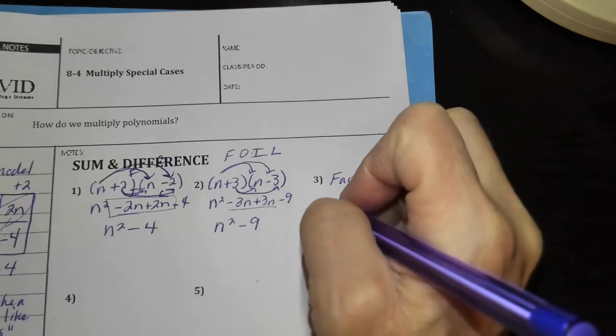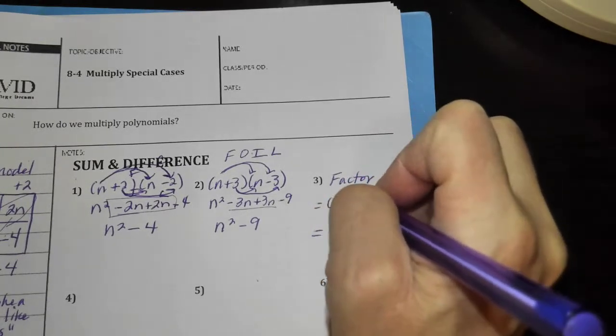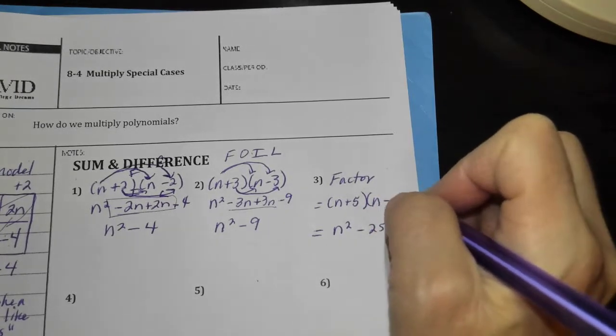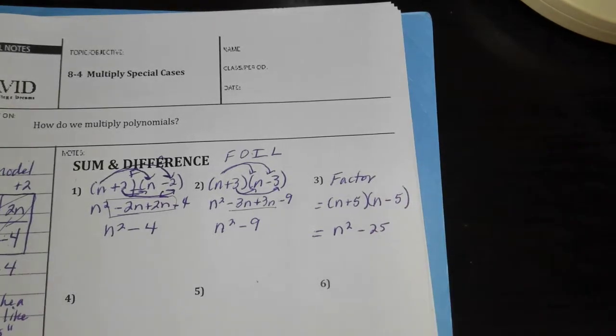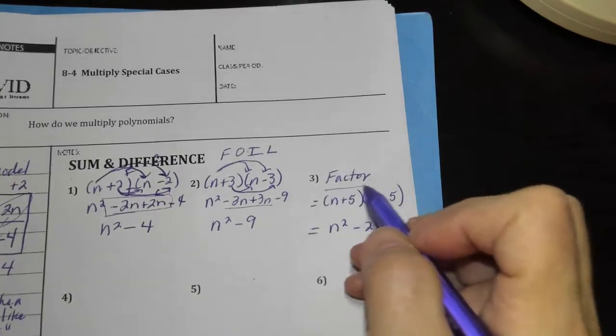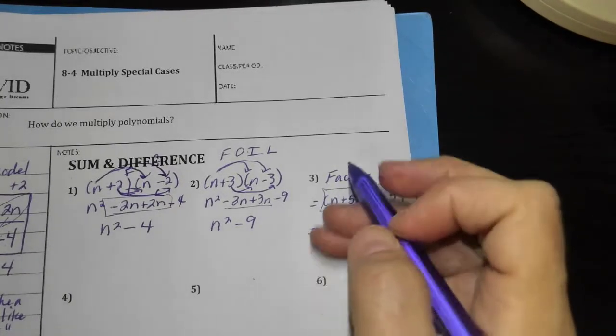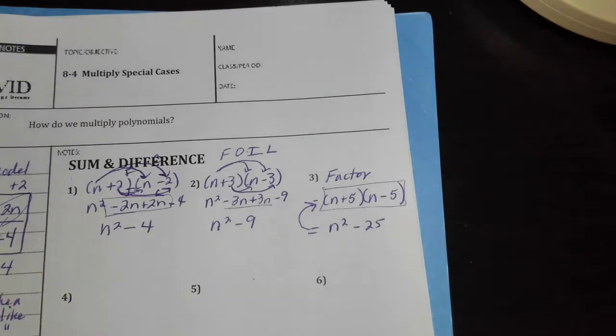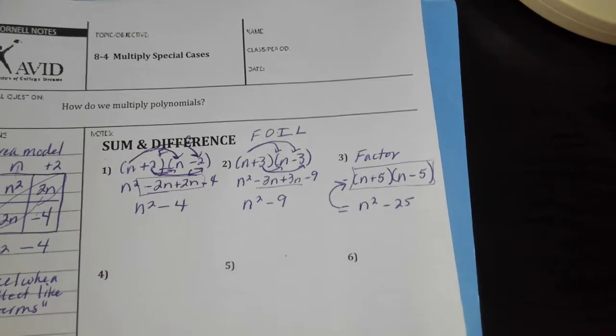So I'm going to say this is going to be an n plus 5, because 25 is a perfect square number. I can split it into 5 times 5. And this would be my factored form. So this is a work backwards one right here when you have the product and we want to find the factors.